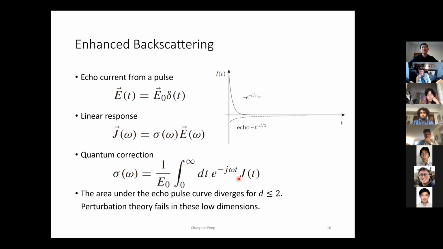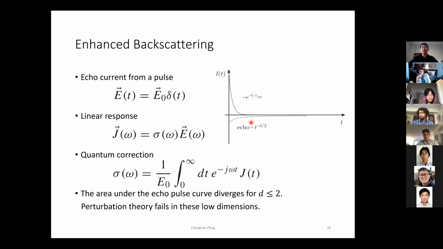We want to see how the DC conductivity changes, so we take omega equals 0, and then the area of this negative current echo, the time integral of it, gives the correction to the DC conductivity.